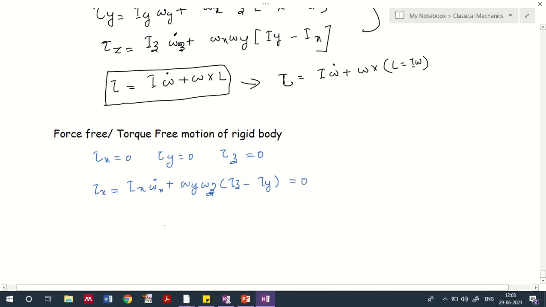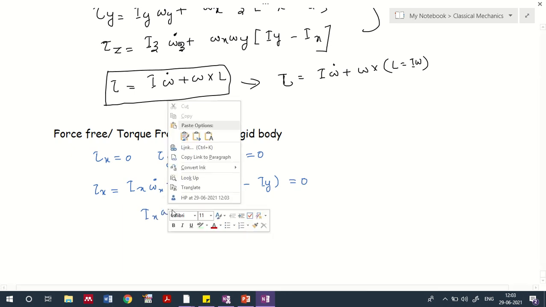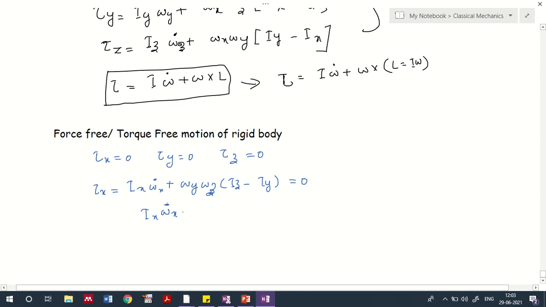By considering that, I can write this equation as Ix omega x dot equal to omega y omega z (Iz minus Iy).